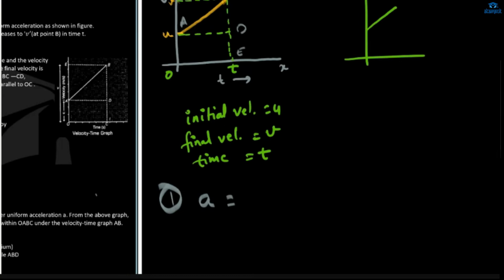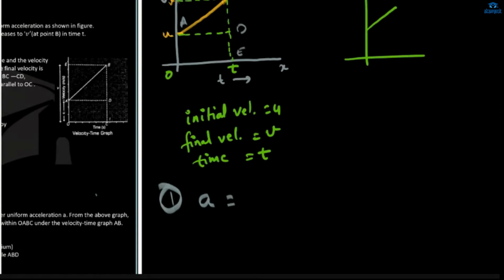Advika, can you tell me the formula for acceleration? V minus U by T: final velocity minus initial velocity upon time. Razi, can you tell me the formula for acceleration? Yes, ma'am. U minus V upon T.